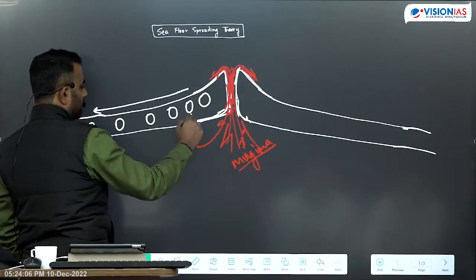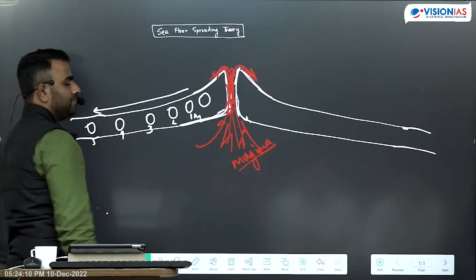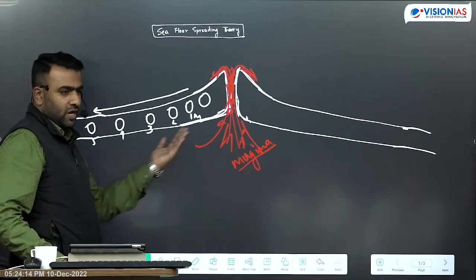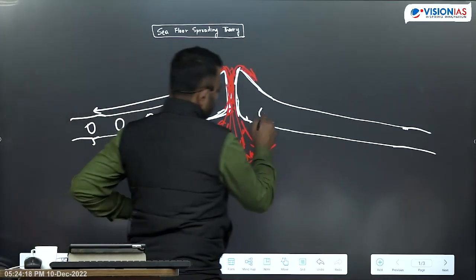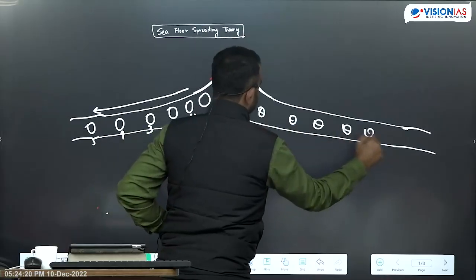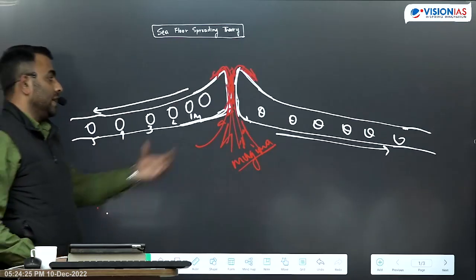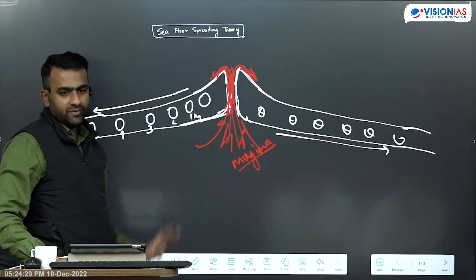This is 1 million year old, this is 2 million year old, 3, 4, 5, like this. As you move away, the age of the rocks increases, not only in this side, even in this side also. This side भी ऐसे continuously increase होता है. The younger rocks are near to the mid-oceanic ridge and the older rocks are away from the mid-oceanic ridge.